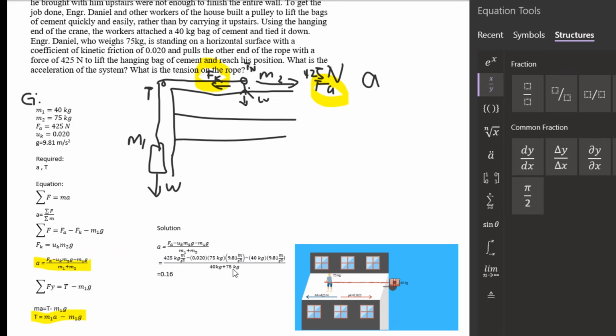Since we have here kilograms meter per second squared, we're going to add and subtract in other variables. The only time we cancel units is when we're dividing or multiplying. So in this case, we're going to cancel the kilograms, and what's left is meters per second squared.